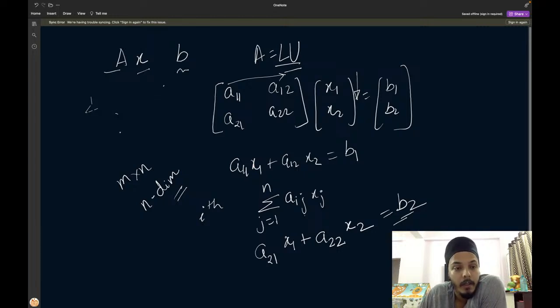We saw how to write the equations in the form of Ax equals b. Then we saw how to notate each of the elements of the matrix, and then our summation part. In our next lecture we will see matrix multiplication, and then in further lectures we will see how to decompose our matrix A into lower triangular and upper triangular matrices.